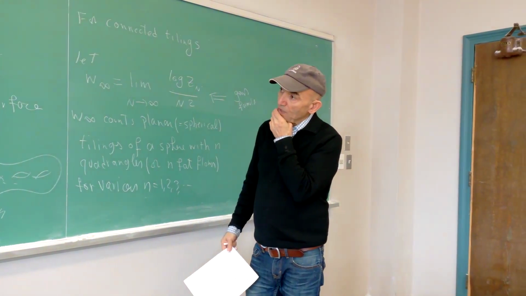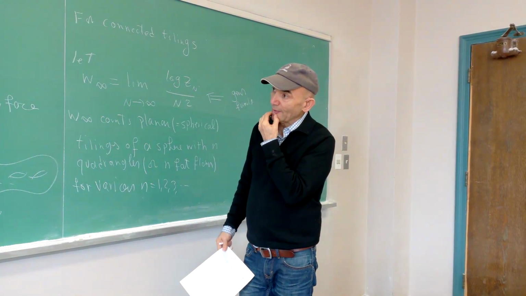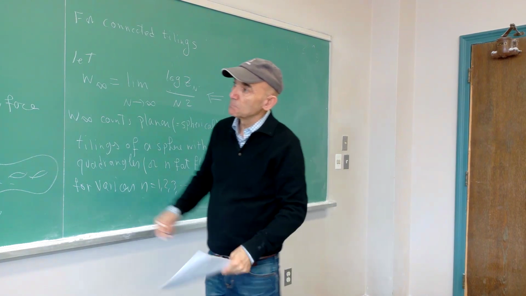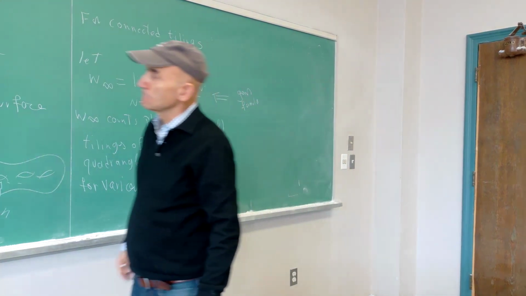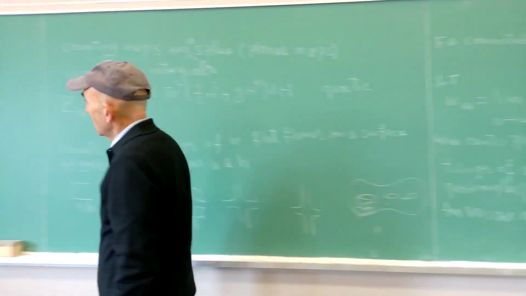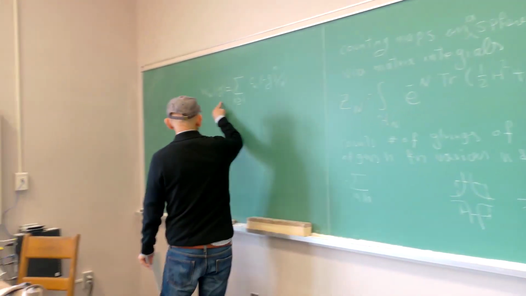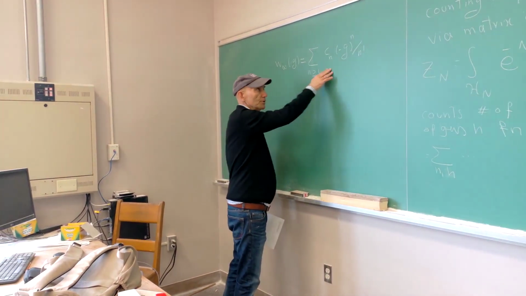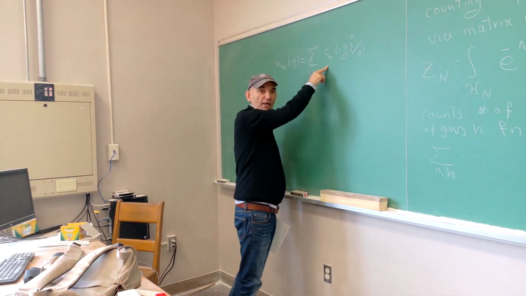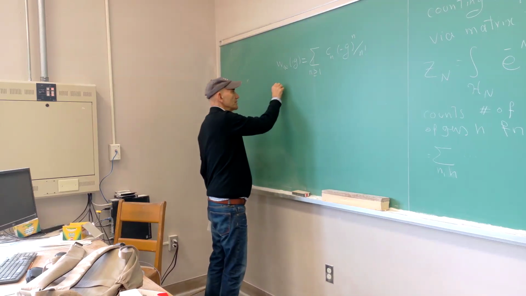So now we know that there is this formula. If we can compute this W infinity of G in a different way, then we can put it equal to this, and then we get the formula for Cn. So let me tell you what Cn is.